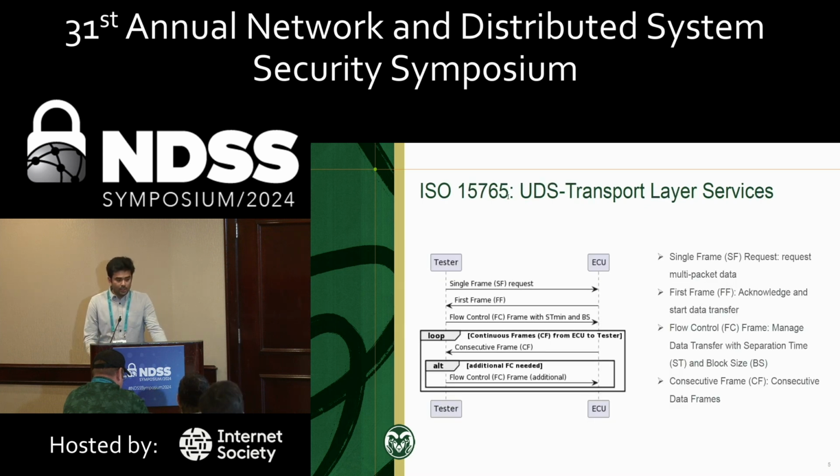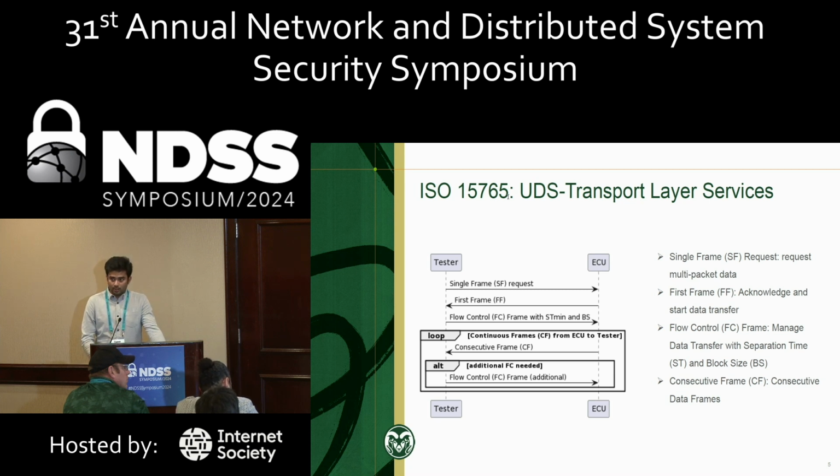You also have the UDS transport layer services. As many of you may be aware, CAN is small. It allows only for 8 bytes of data load. And for data which is larger than that, which you typically need in diagnostic sessions, you have transport layer services, which allow multi-packet data transfer between the ECU, or electronic control unit, and the diagnostic tester, or the diagnostic technician computer in this case.